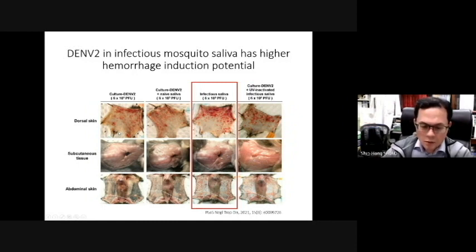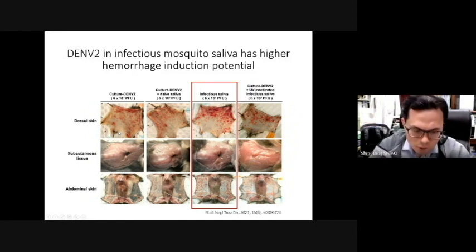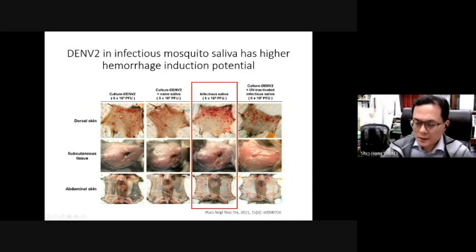So we have 4 different groups. The first group is that these mice are infected with dengue virus grown in cell culture. So we call that culture DEN2. And then the second group, we have mice infected with this culture DEN2 virus premixed with saliva from naive mosquito.